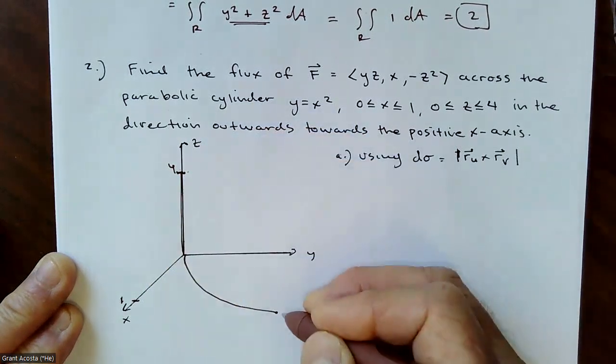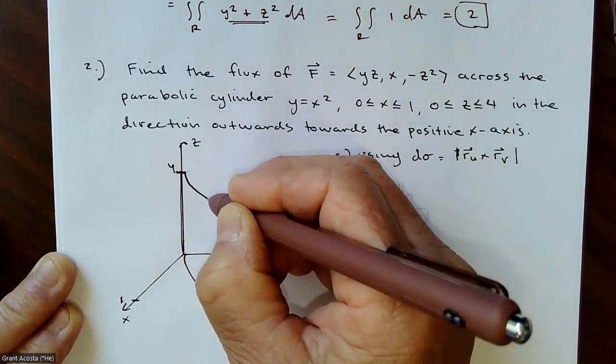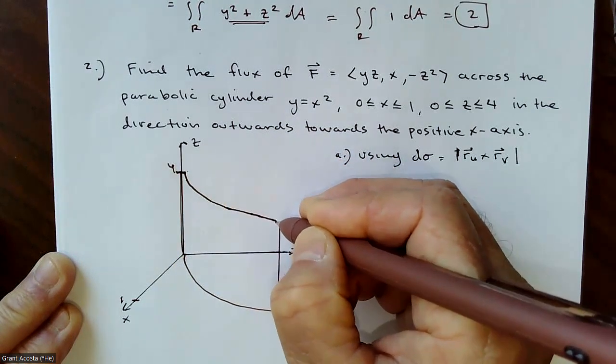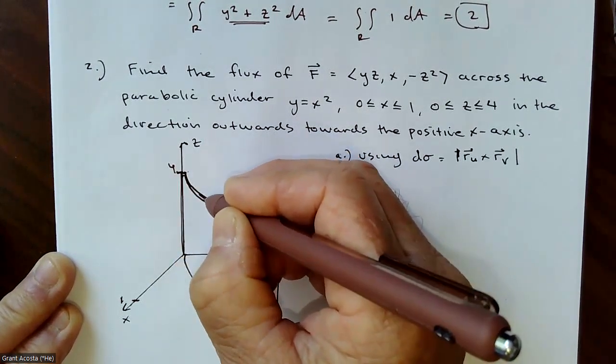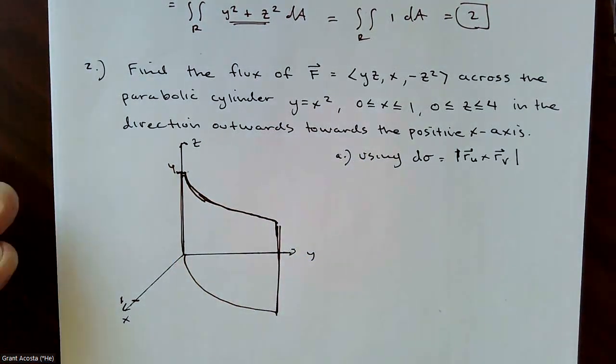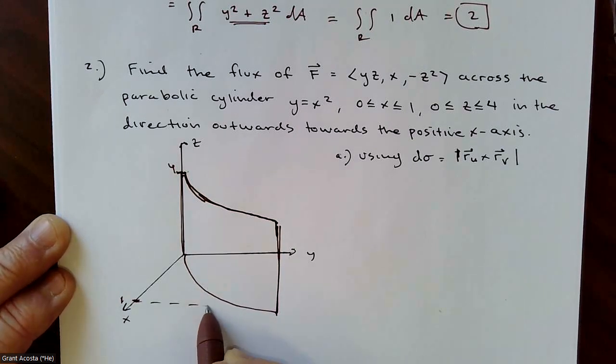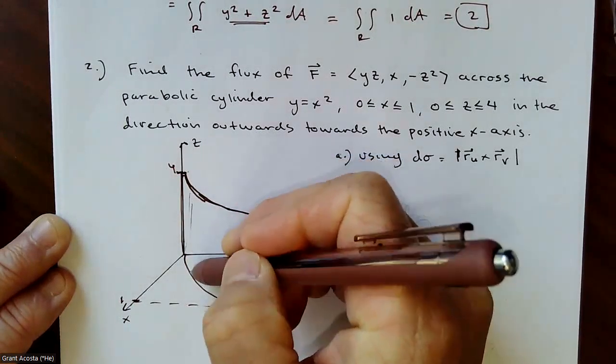So you're just going to get this parabolic sheet. So this is my surface right here.